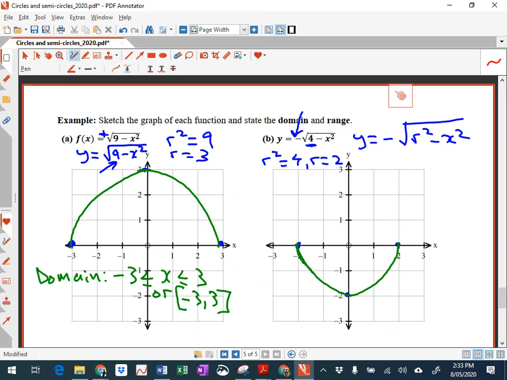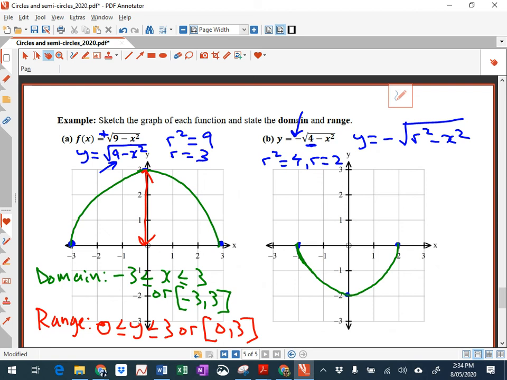And the range, two ways you can write that down. It's actually between 0 and 3, isn't it? The range, if you look at the y values go from 0 to 3. So 0 less than or equal to y less than or equal to 3. Or you could write it like this. 0, 3.